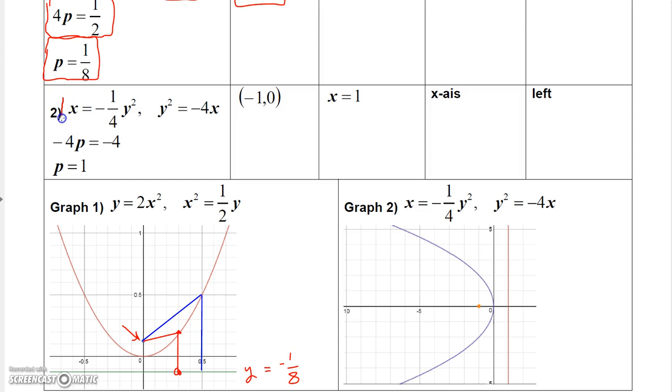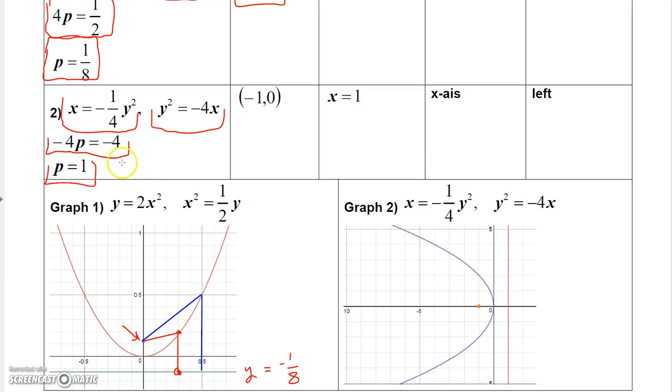Okay, now let's look at another example. Let's say it's written in this form. Since the y is squared, we want to solve for y squared, and you can multiply both sides by -4 to get y squared equals -4x. Since this is negative, we know -4p has to equal -4, and so that would mean that p equals 1.